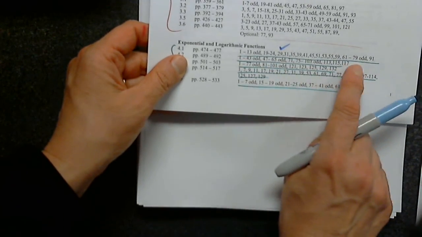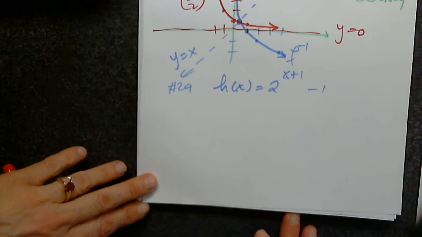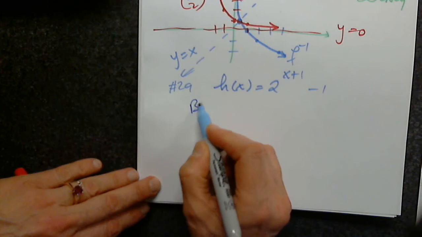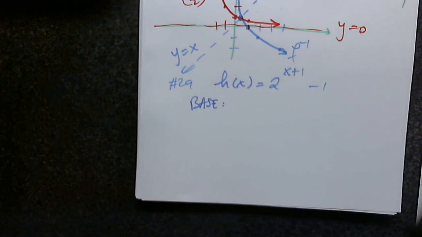I'm helping here by also choosing to help you review everything. First, I have to identify the base function. Can anyone tell us what is the base function used to create this?